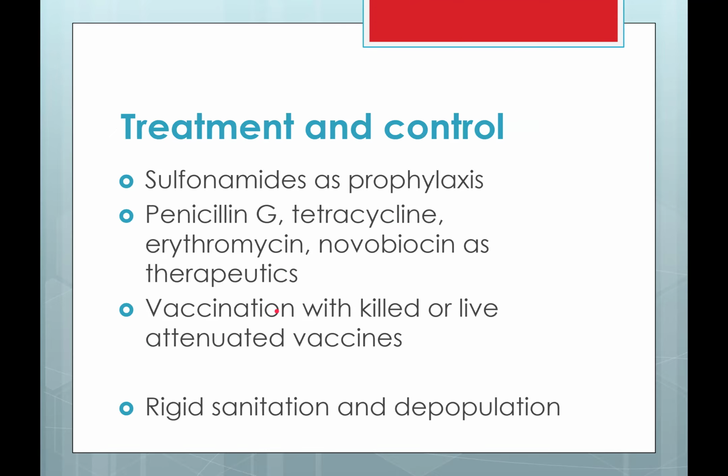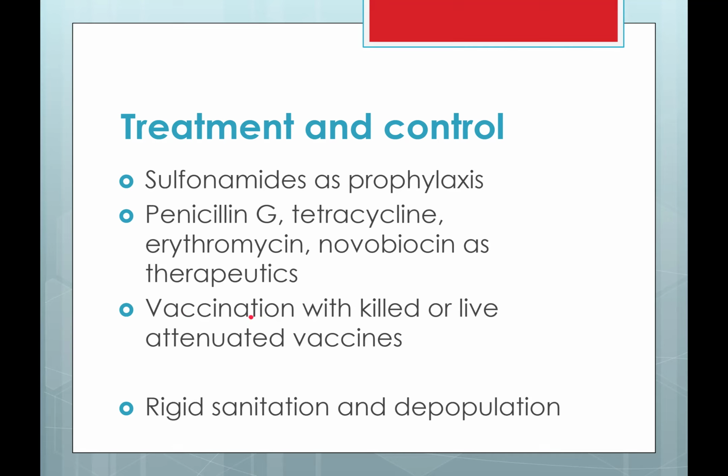For treatment and control, you have antibiotics such as sulfonamides, Pen-G, erythromycin and novobiocin. In general, these are antibiotics that can affect gram-negative bacteria. Then there's vaccination with killed or live attenuated vaccines.